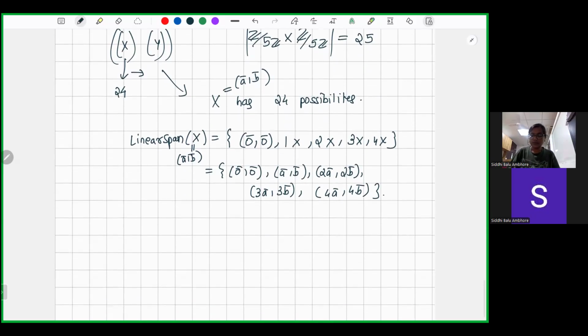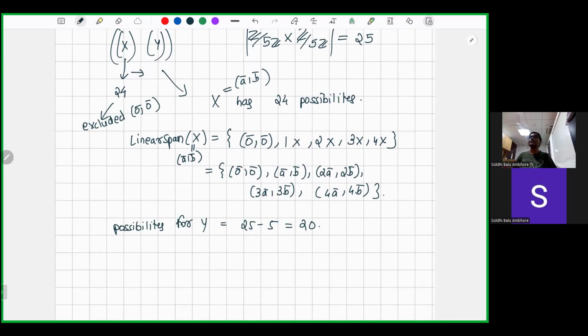So this will be 25 minus these 5 elements. So the possibilities for y are 25 minus 5, that is 20. Note that here we excluded 0, 0 for the first column, but when I'm looking at the second column, 0, 0 is already in the span of the first one.